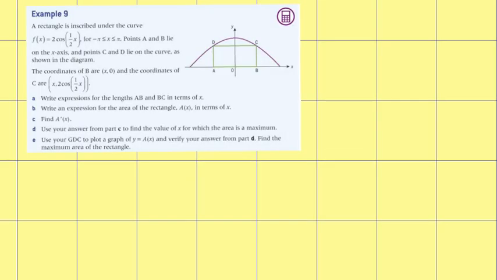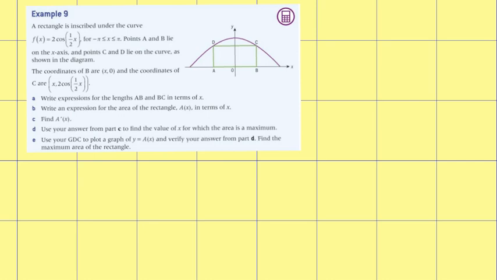In the second problem, we want to maximize our area. We have a curve, f of x equals 2 cos half x. Under it, we want to maximize the area of a rectangle ABCD.